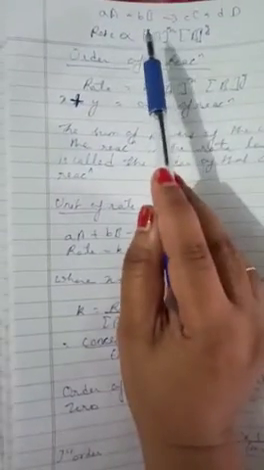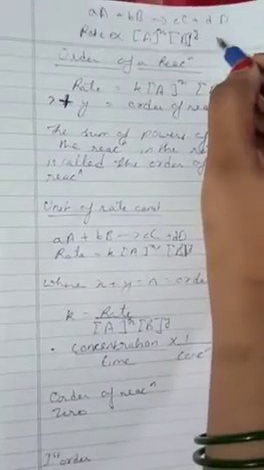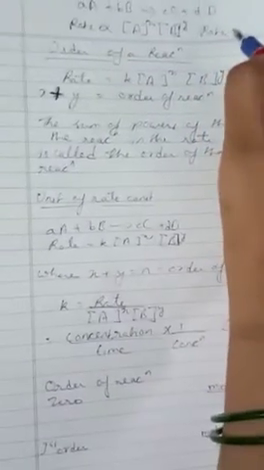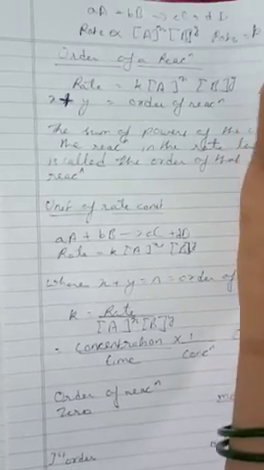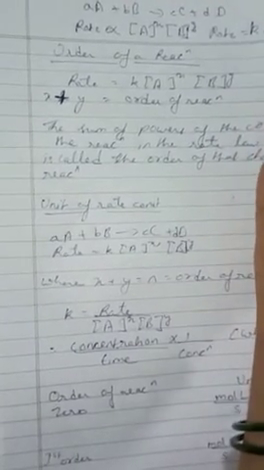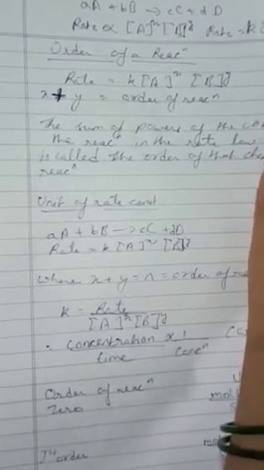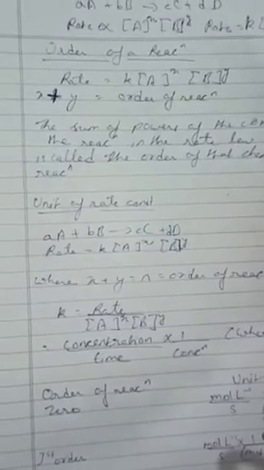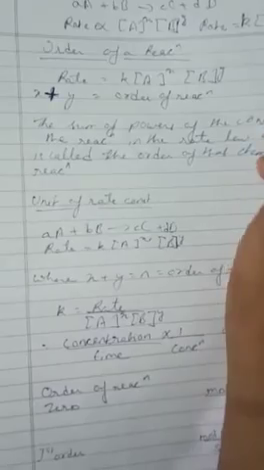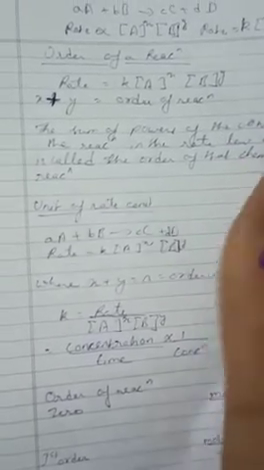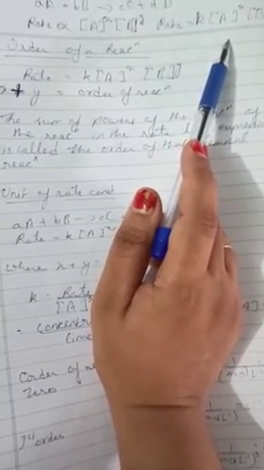When we remove this proportionality, we can use a proportionality constant, which will be equal to K, and this equation will become K into the concentration of A raised to the power X and the concentration of B raised to the power Y. So this is how we represent the rate of a reaction.